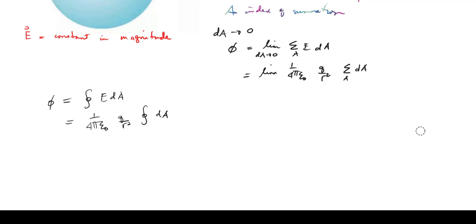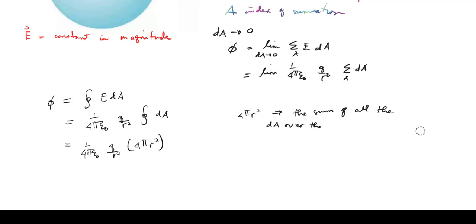This is just equal to 1 over 4 pi epsilon naught, q over r squared, times 4 pi r squared. Why? Because this 4 pi r squared is just the sum of all the dA over the sphere, or simply the area of the spherical surface, right?